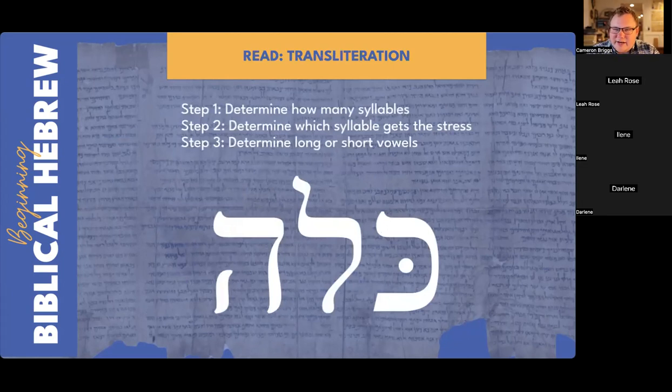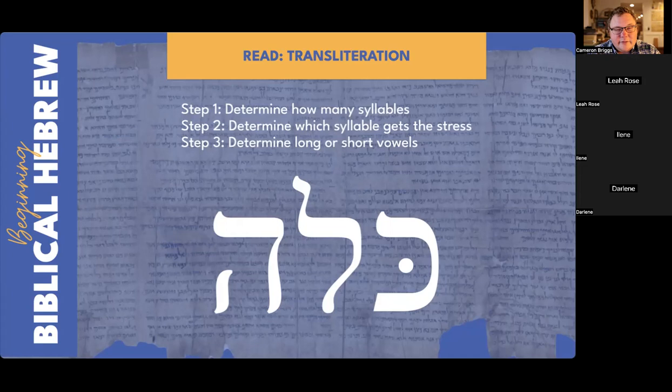So this word, try sounding it out there. With all of these words, both of the vowels are going to be the same. We just have to determine if they're long or short. So this is the word kala, kala.